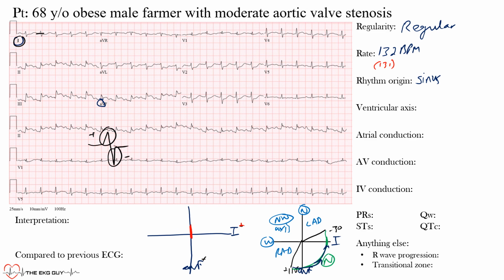Now we also mentioned another lead here, and that lead here was AVF. So AVF down here, again, we're going to be taking this area here. So you're taking this baseline. Notice you have this small Q wave there, but mostly positive. So if I were to draw that out, just so you can kind of see that, what I'm seeing here is a P wave, a small dip for a Q wave, mostly positive, and then something like that.